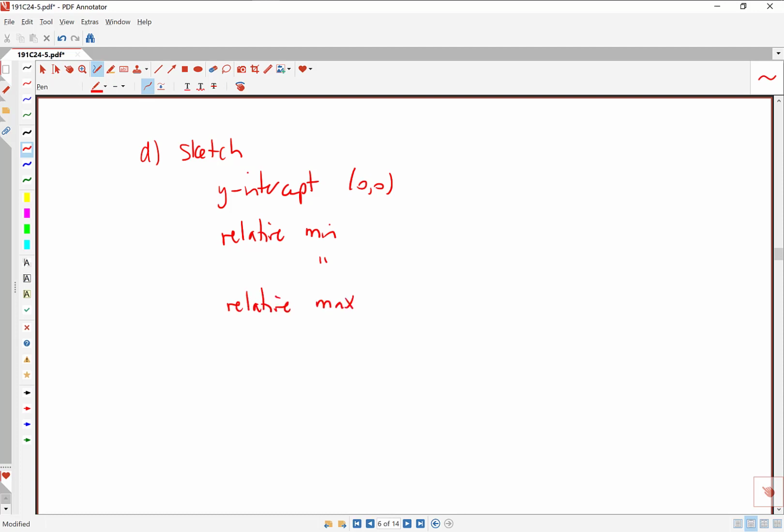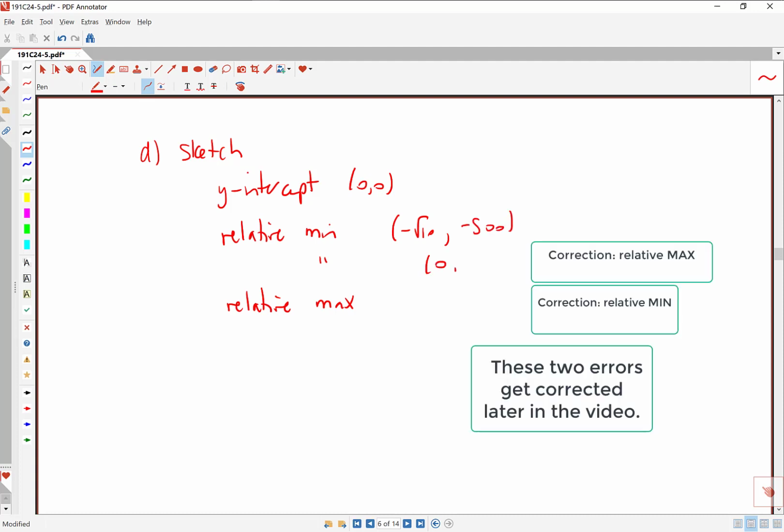So let's write down those coordinates just for the sake of making the sketch. So one was minus root 10, minus 500, and the other one was 0, 0. So those are our 2 relative minimum, and then our relative maximum was the positive root 10 comma negative 500.